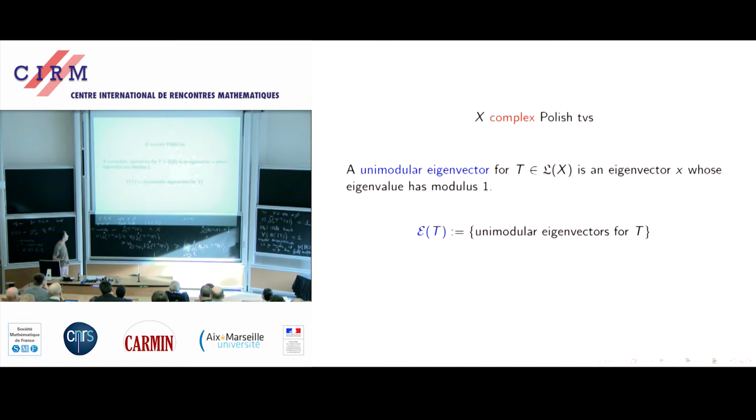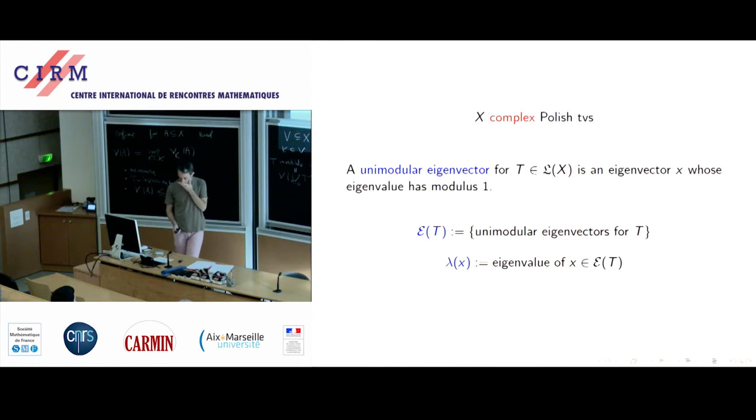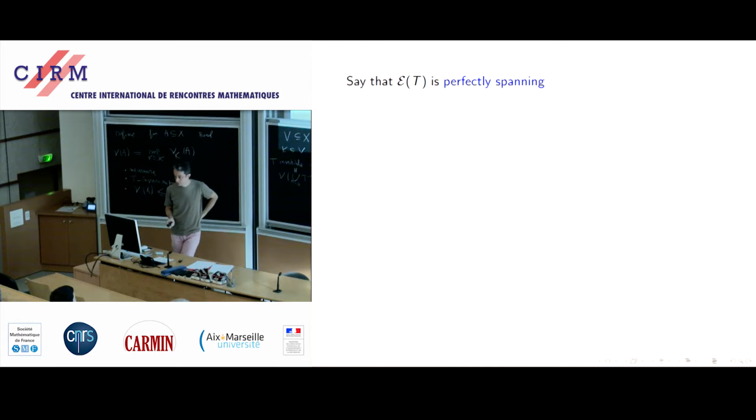I don't know why E, but okay. And if you take any vector here, I give a name to its eigenvalue, and this will be lambda of x, which is not surprising. Okay. And okay, so these are the notations, and now a second nice result goes as follows.